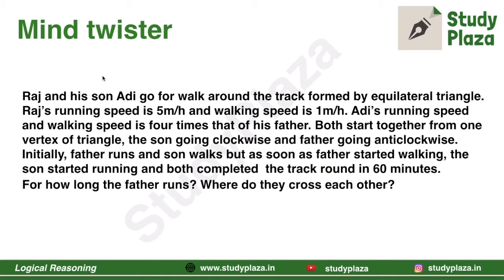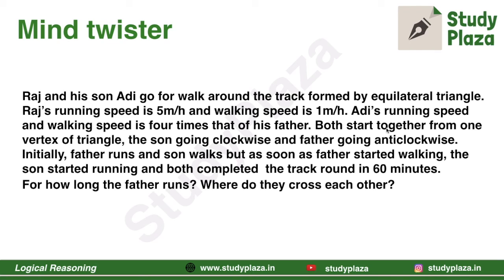Now I am writing one more question for you to solve at home. The answer I will give you in my next video. And the question is: Raj and his son Adi go for a walk around a track formed by an equilateral triangle. Raj's running speed is 5 meters per hour and walking speed is 1 meter per hour. Adi's running speed and walking speed are 4 times that of his father's.